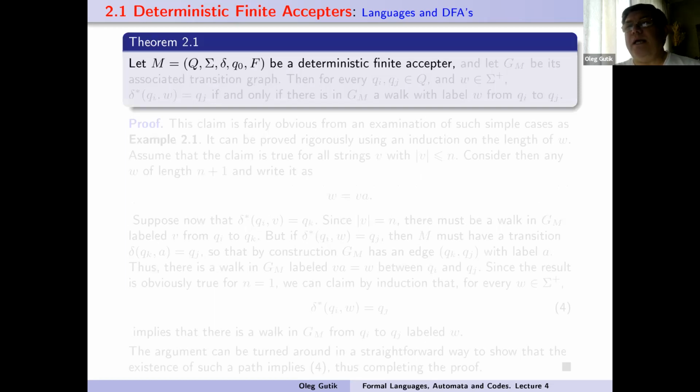Theorem. Let M be a deterministic finite acceptor and let G_M be its associated transition graph.